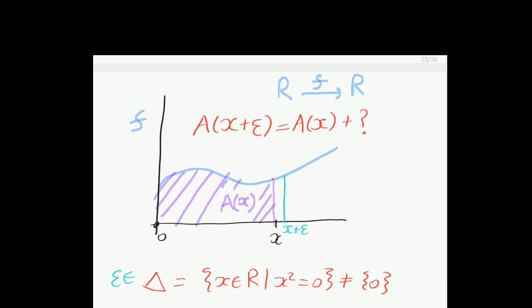Well, the height here, look, this height is going to be f of x. And so we can break this extra area into two parts. There's going to be the area of this rectangle and the area of this other region up here.